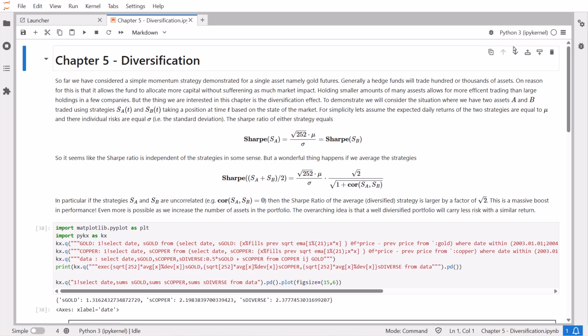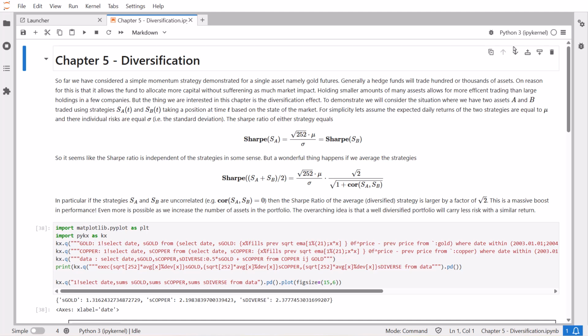So for simplicity, let's assume that the daily expected returns of the two strategies are equal, so equal to some value mu. So the expected daily return is just some fixed amount, and the expected standard deviation in that amount is also fixed at sigma. So these are two kind of identical trading strategies.